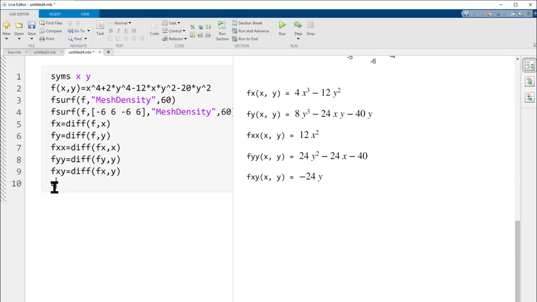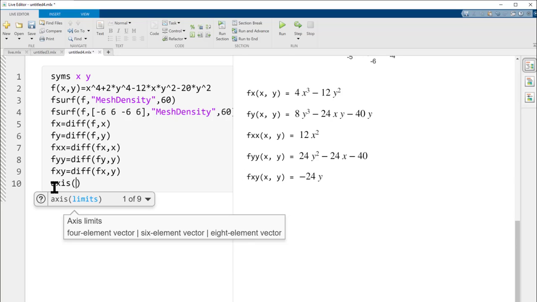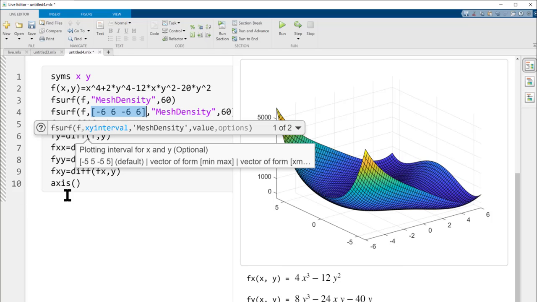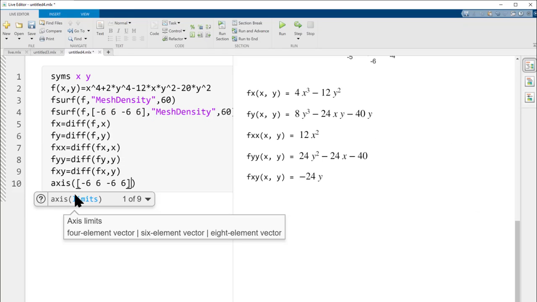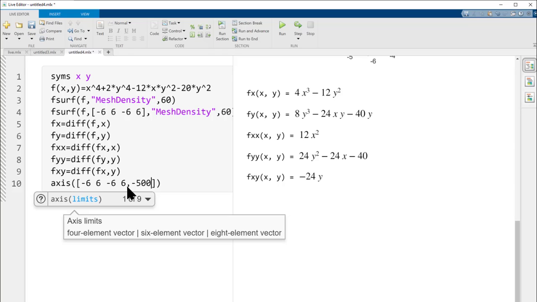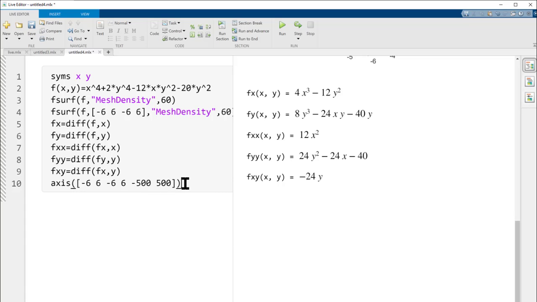Now, just for the sake of the look of the graph, let's change the length of the z window. Okay, and when we looked at the graph, just a second. Negative 500 to 500 should be good enough.